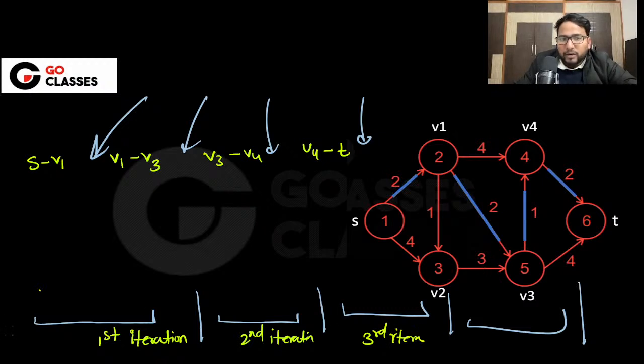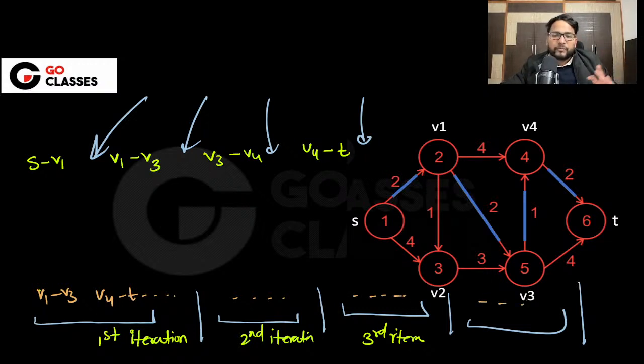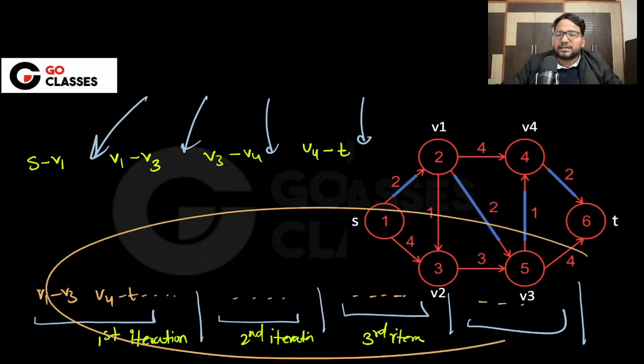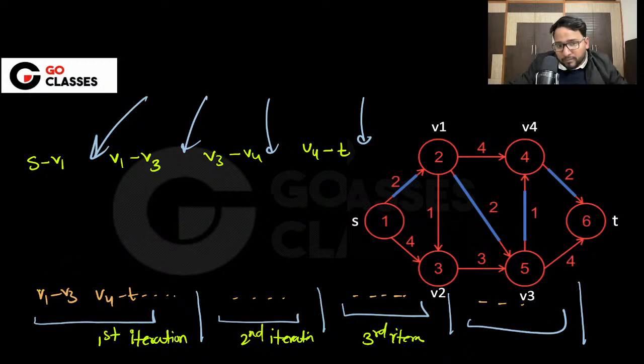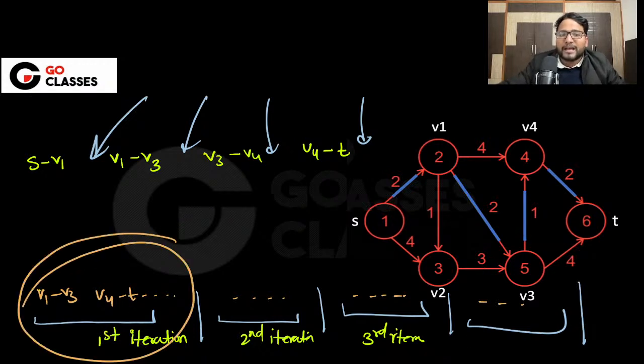Here you have any order, maybe B2 to B3, maybe B1 B3, and then B4 T, and so on. Whatever order you have here, some order here, some order here. Now ultimately, interestingly, since you're relaxing all the edges, don't you have S to B1 from here?